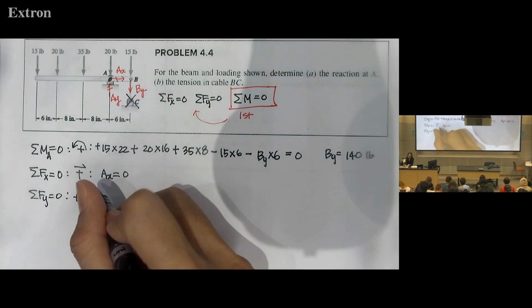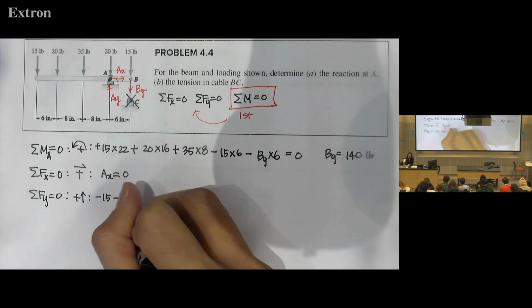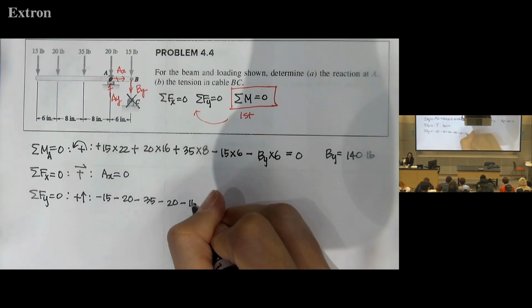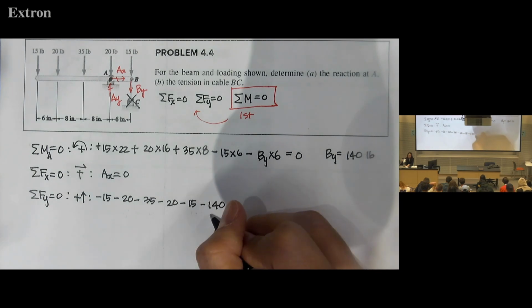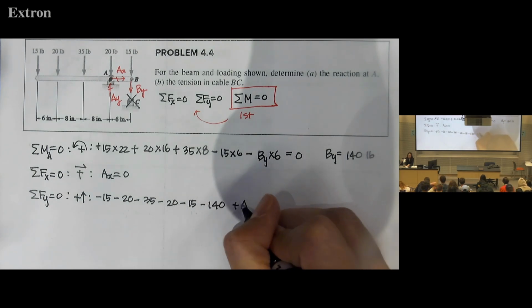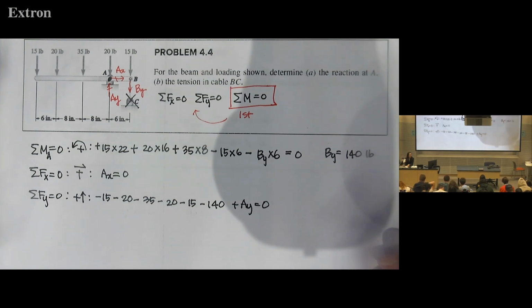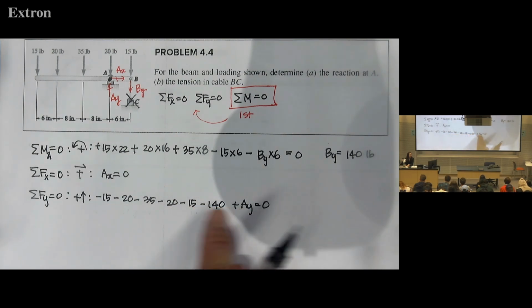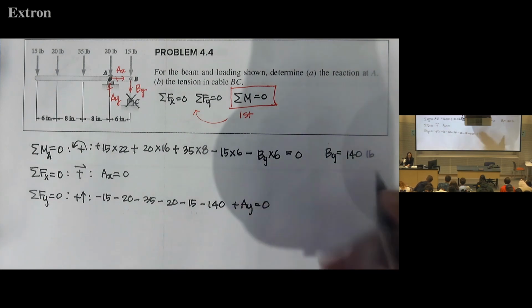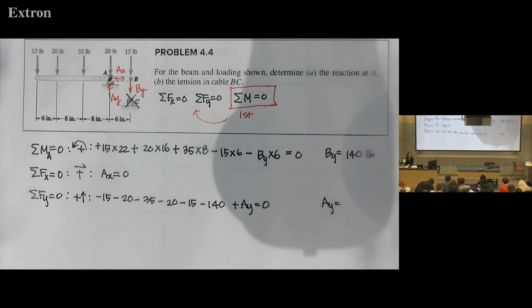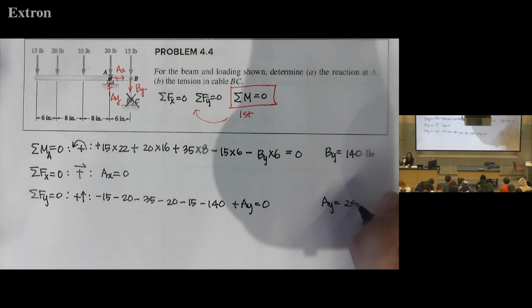So I write that down. By is 140, right? And then everything is negative, so Ay should be sum of all these numbers. Yep, 245. Thank you.